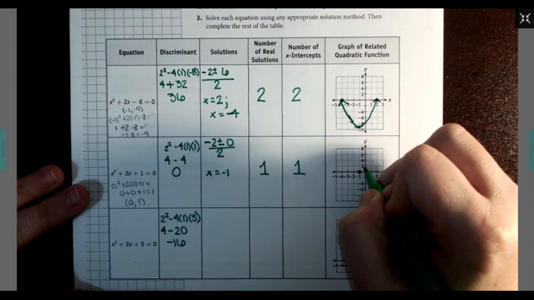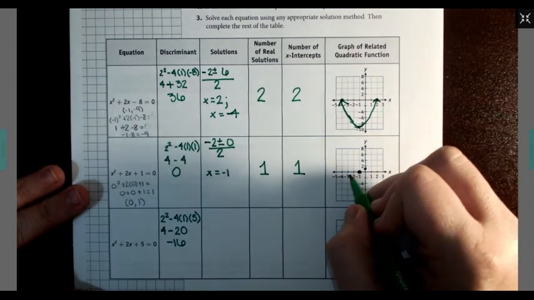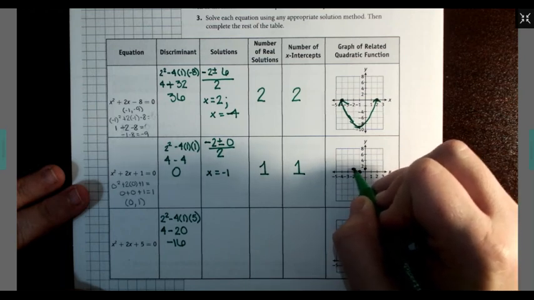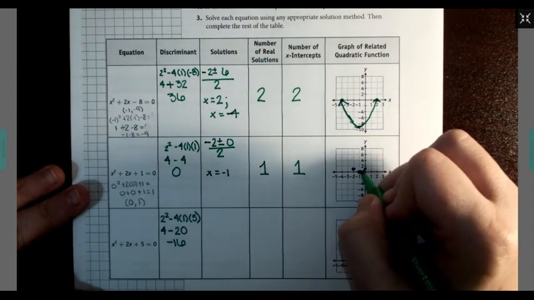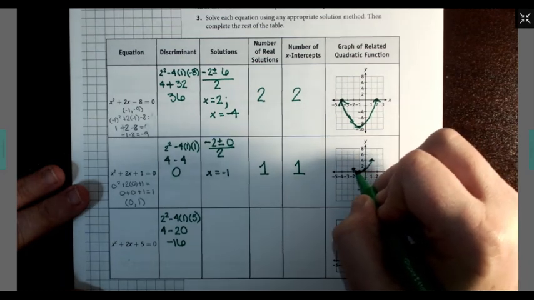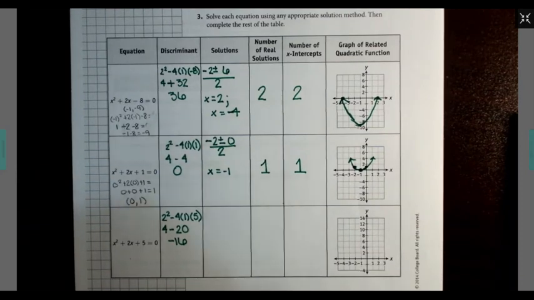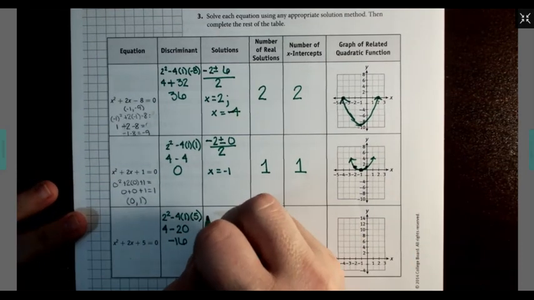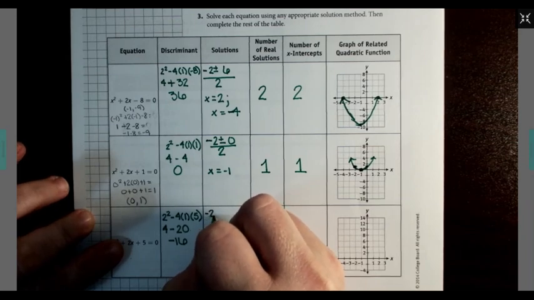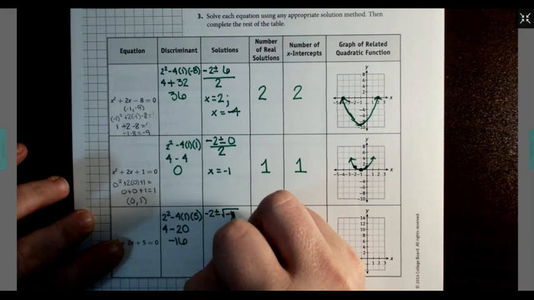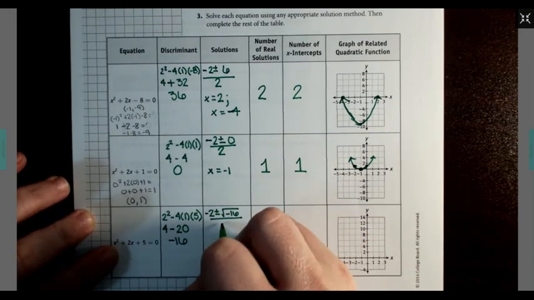So that would be here. But remember that it would be symmetrical. So at negative 2, there would also be an ordered pair, negative 2, comma 1. So this would look something like this. Okay. Let's take a look at this one. This one we would have negative 2 plus or minus the square root of negative 16 all over 2 times 1, which is 2.